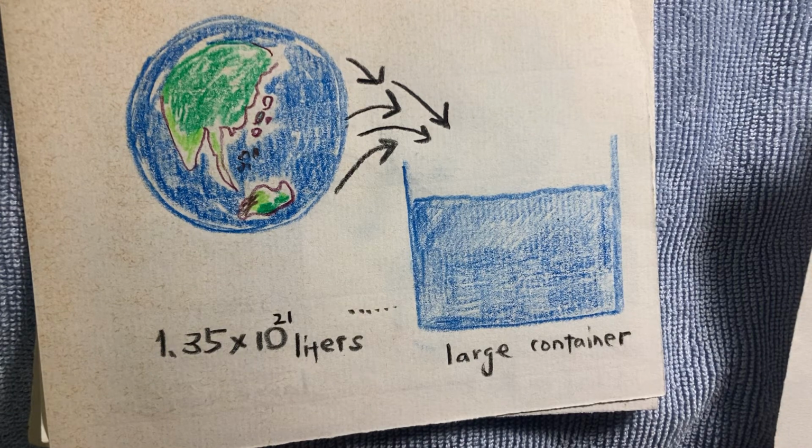Okay, so now we have an understanding of moles and the Avogadro constant. How can we use this to better understand the world around us?